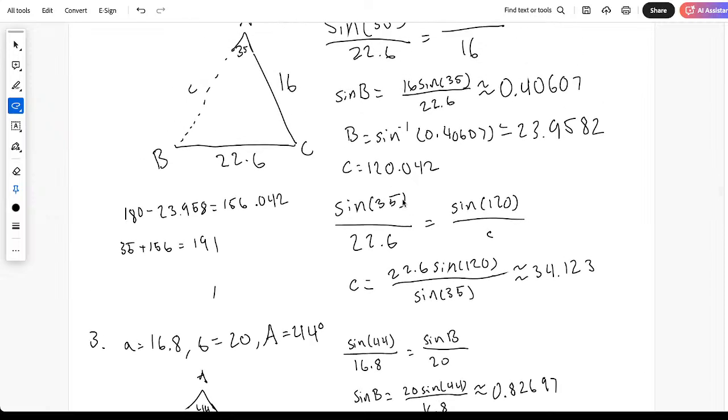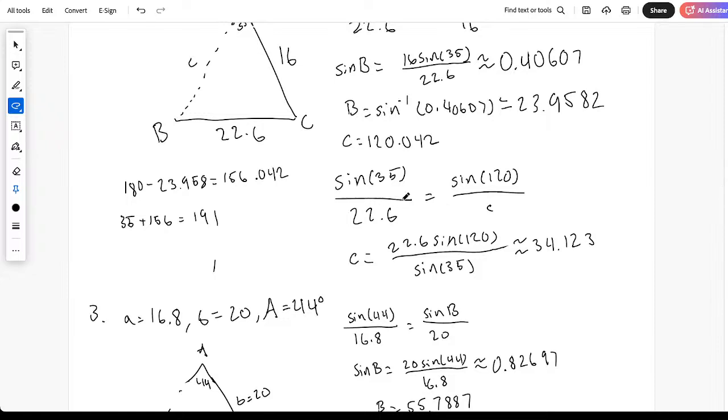I don't think we did anything with this stuff down here. Oh wait, no, that was to find the first solution. Right. So I guess we probably should do that.